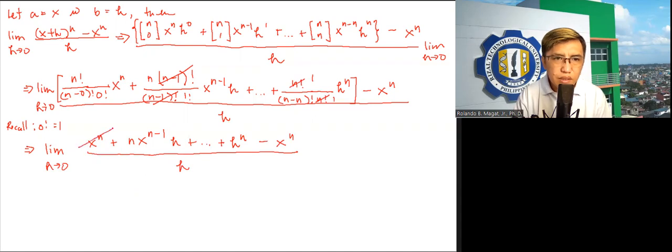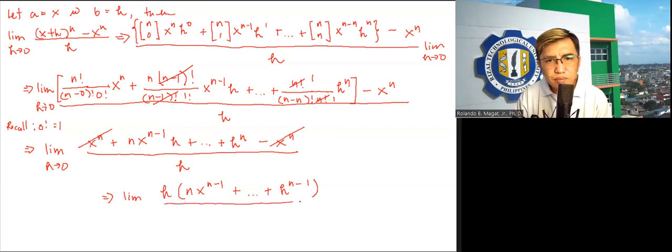So I can cancel out x to the n power, and what I have here is n times x raised by n minus 1 times h plus and so on. Notice that I can get the common factor, which is h. So I have the limit of h times (n times x raised by n minus 1 plus and so on, plus h raised by n minus 1), all over h as h approaches 0.